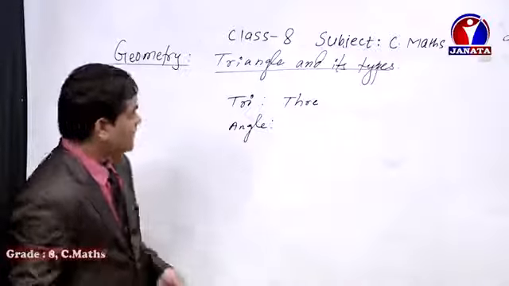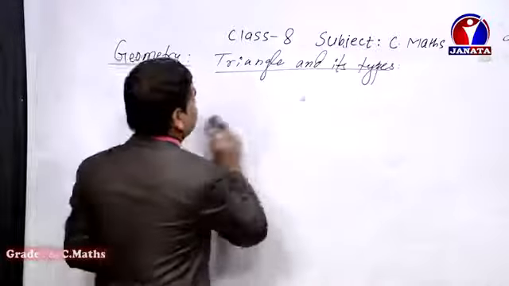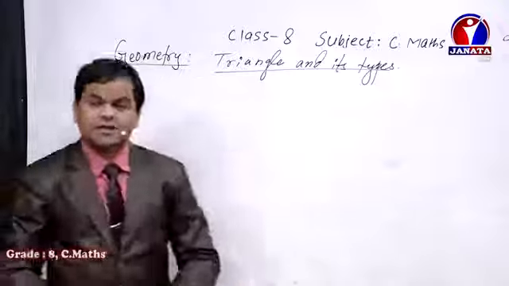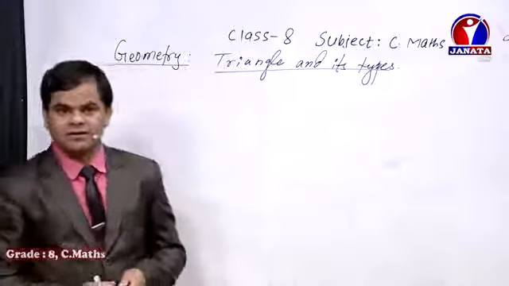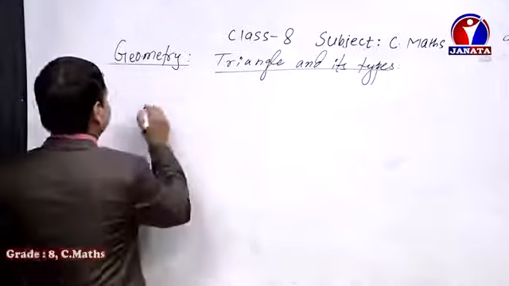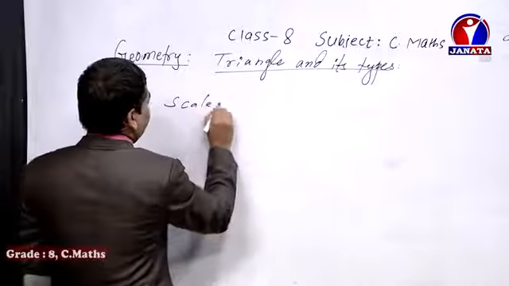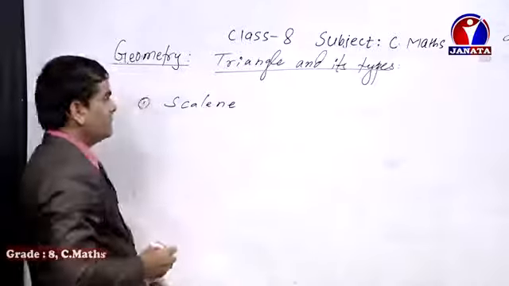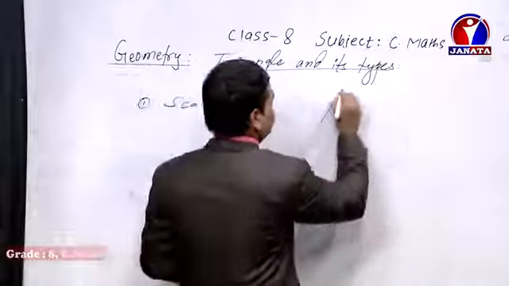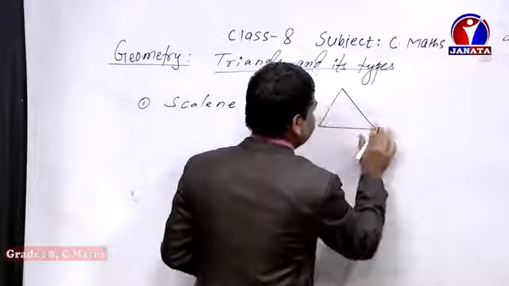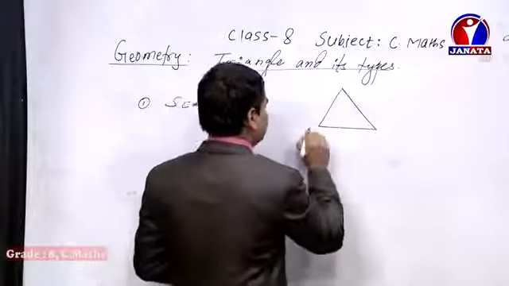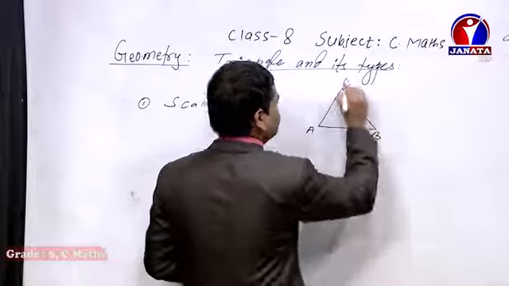Dear students, in case of the types of triangle, there are generally four types. One is the scalene triangle. It means a triangle having all three sides not equal to each other. For example, ABC is a triangle.